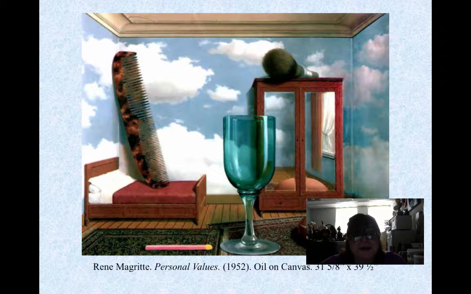So you can see he's put a sky on the walls of a room, what might be a pill in front of a wardrobe that has a giant brush on top of it, like a blush brush, and a giant comb on a little tiny bed, and then a huge matchstick and a huge glass. And it's called Personal Values. So looking at that, you might kind of infer what was important to that particular person.